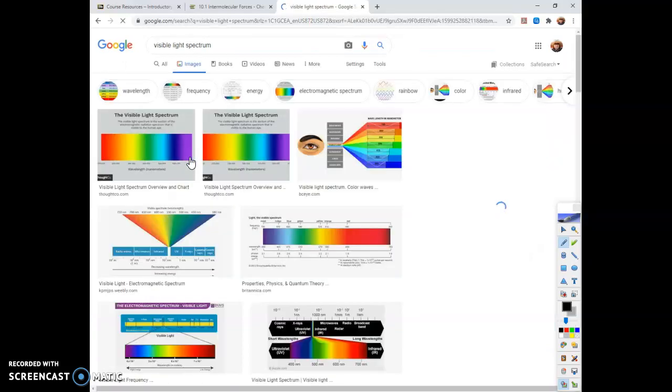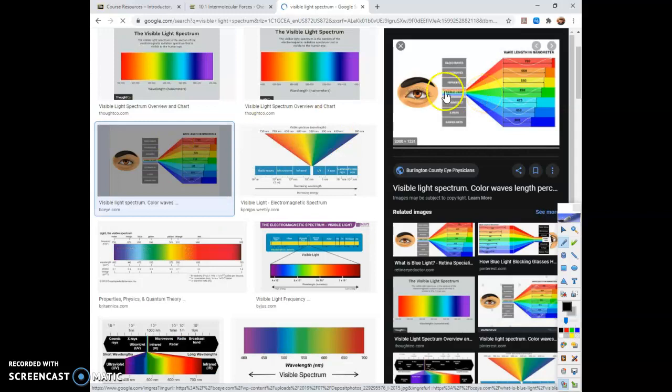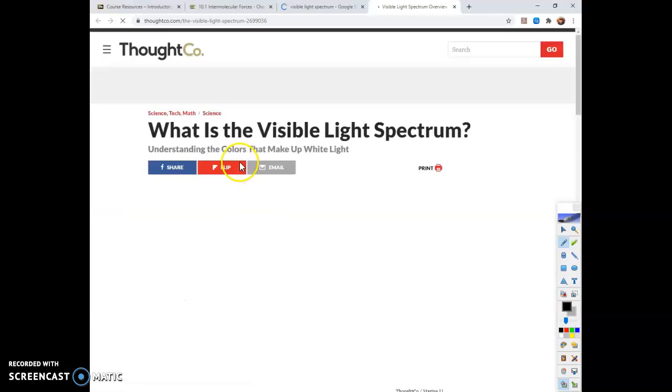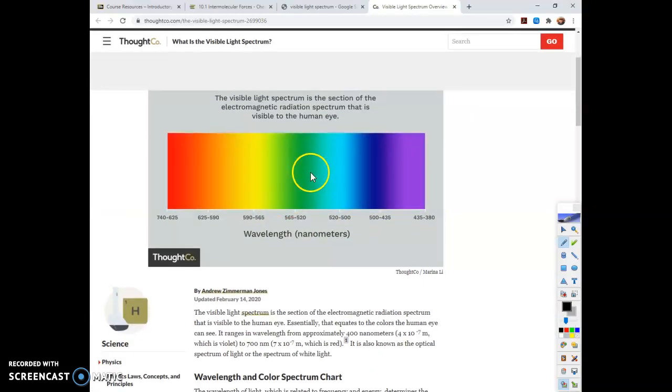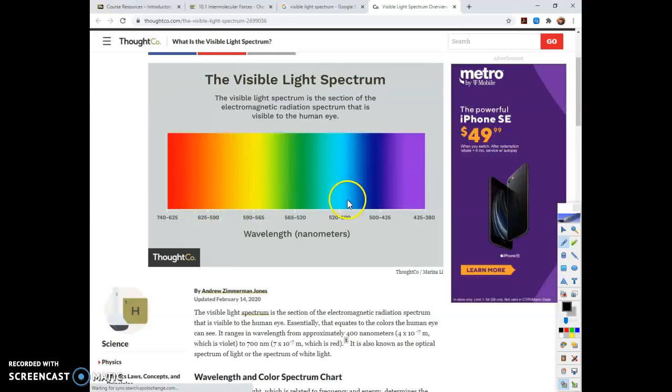And you'll find something that looks similar to this. Now let me find one that's arranged. Here we go. So you'll find something that looks like this, and you'll match the color that you saw for each of your metals to this spectrum and make an approximation of what wavelength that color is.